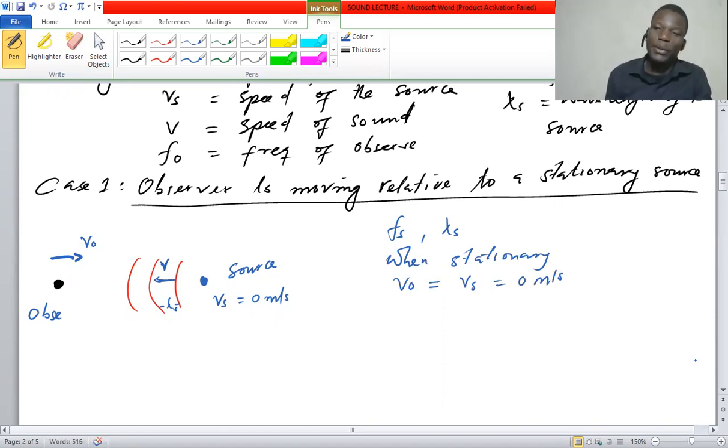And what will be the wavefronts that are going to be detected by the observer if he is stationary, if the velocity is 0? We are going to see that the observer is going to detect wavefronts. These are wavefronts. You get it?